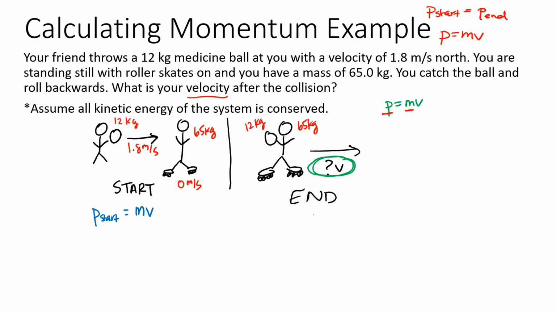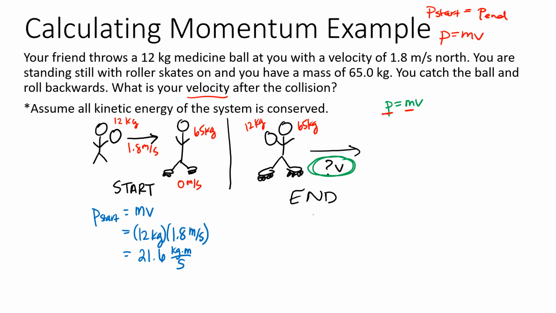The only thing that's moving is this medicine ball, so we're just going to use those numbers. Momentum is mass, which is 12 kilograms, times the velocity, which is 1.8 meters per second. So 12 times 1.8 is going to equal 21.6, and our units are going to be kilograms times meters per second. So this is our starting momentum.